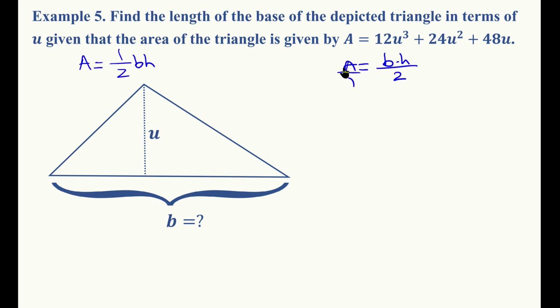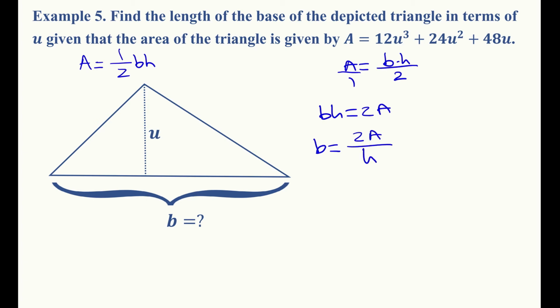So to do that, we're going to go ahead and cross multiply. So we get bh equals 2a, and now we'll go ahead and solve that for b. So we get b equals 2a over h. So now we're going to substitute this expression here for a.